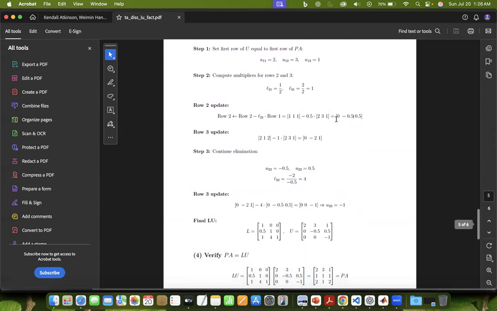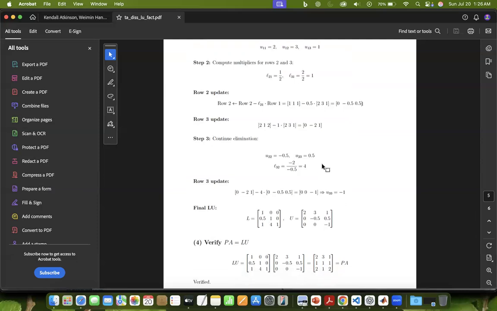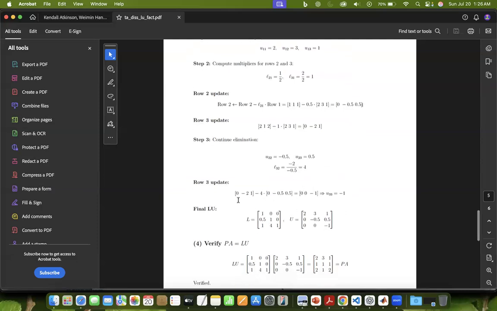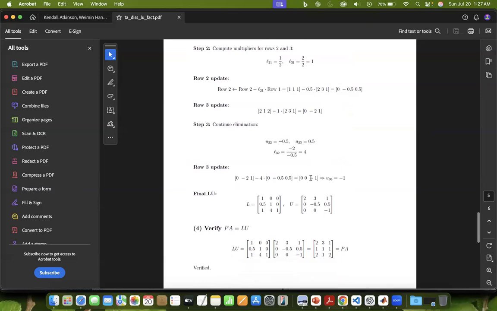Row 2 is this row, which is the one we got a little before. So this is your row 3, this is your row 2. If you do that, you're going to see it'll give you 0, 0, and minus 1. So your U33 is nothing but minus 1.